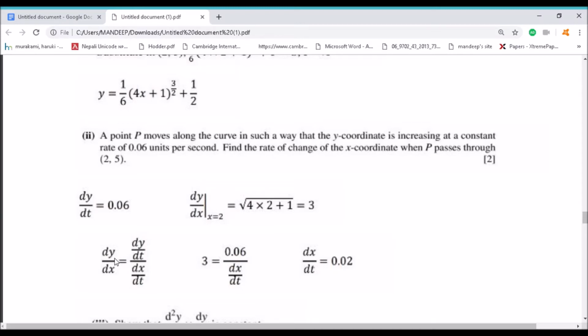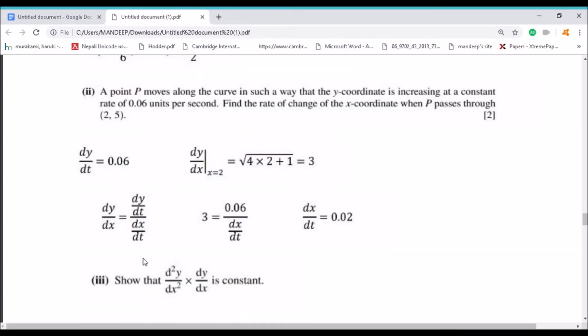And we have to find dx/dt. So dx/dt is going to be dy/dt divided by dy/dx. The value of dy/dx is 3, and dy/dt is 0.06, and we find dx/dt, which is going to be 0.02.